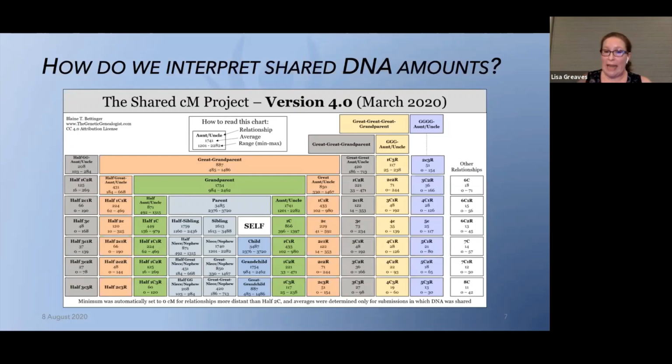And hopefully you see a name or a location that you recognize. As you get further, more distant genealogically, if you look at these right columns in the light yellow, purple, and white, you'll see that at distances of 4th to 6th or even further cousins, it gets very unpredictable.